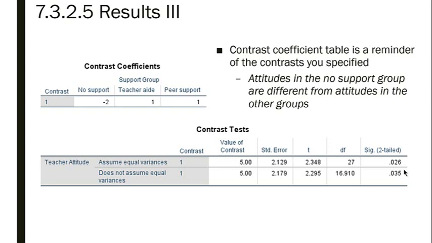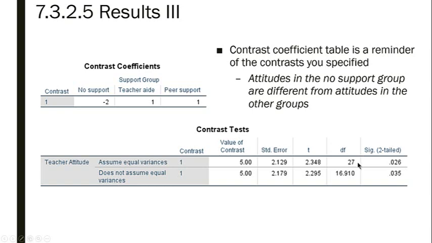One way to think about that is if we had no support and some support, we could do an independent samples t-test, and you can see that that's exactly the output that we get when we do a planned contrast. Just like with the independent samples t-test, our contrast test table has 2 rows, one for the test that assumes equal variances, that's the Student's t-test, and one that does not assume equal variances, which is the Welch's t-test.